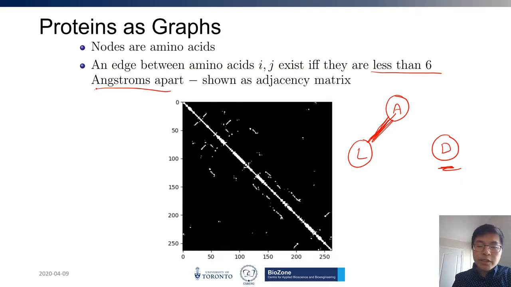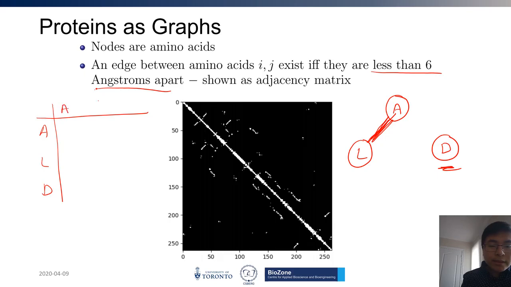And in an adjacency matrix, we can visualize this. So let's try to visualize this particular graph. Essentially, we have A, L, and D. And we also have A, L, and D. We don't have these self connections.